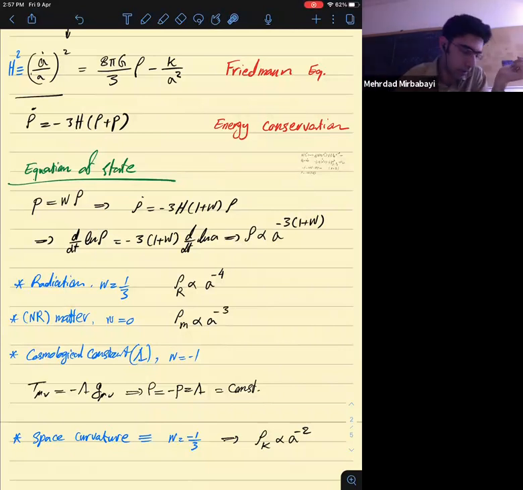At earlier times, when the universe is smaller, the components with larger W dominate. And then when the universe expands and becomes larger, the ones with smaller W dominate. Any questions?